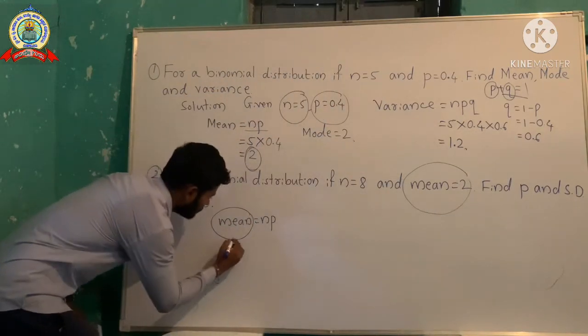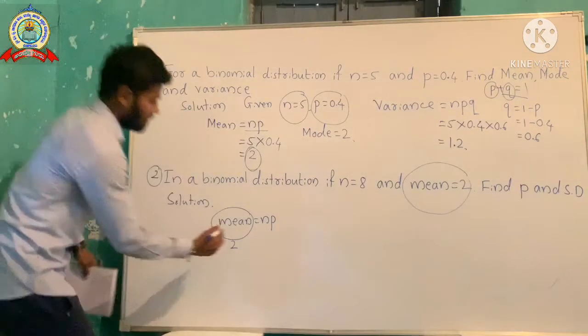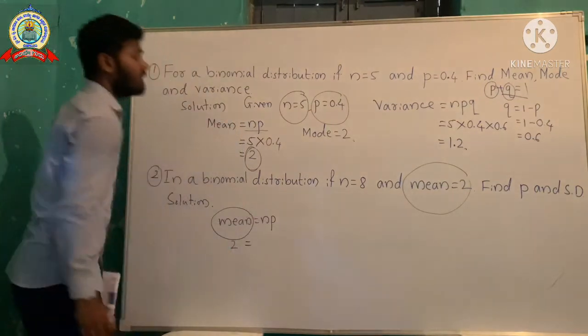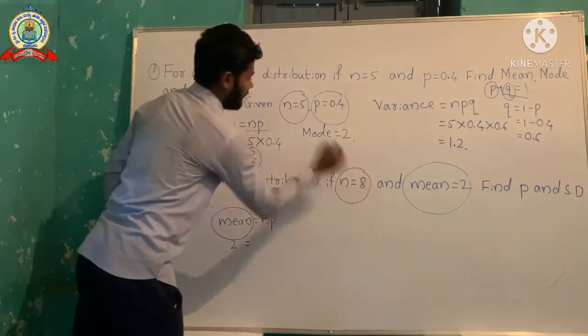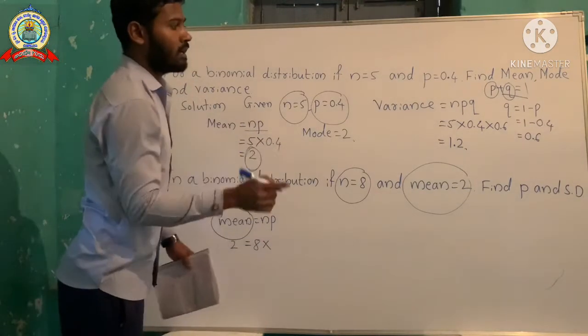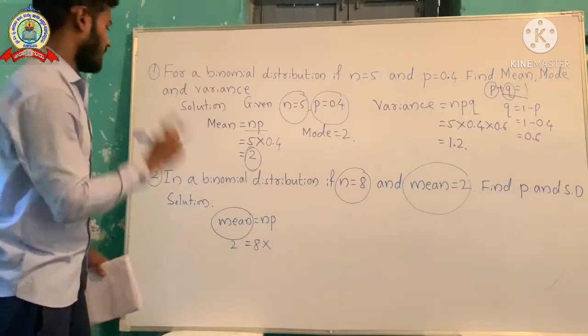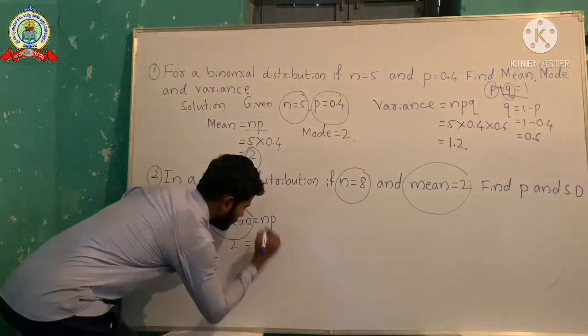So just substitute in the place of mean. Okay. So the n value is also given, so that is 8. But they have not given the p value because they have asked to calculate the p value. So just put it. Okay.